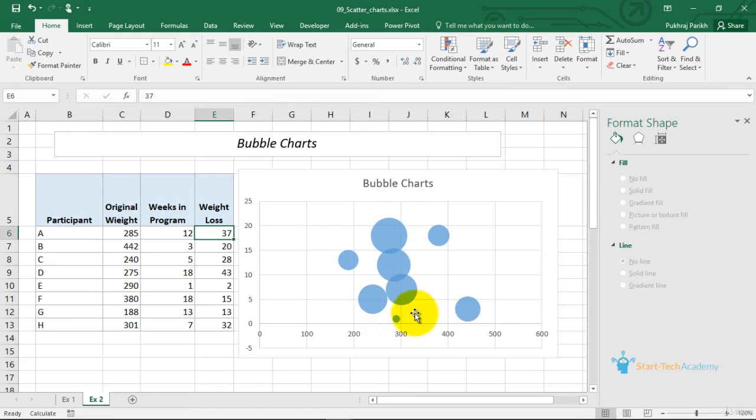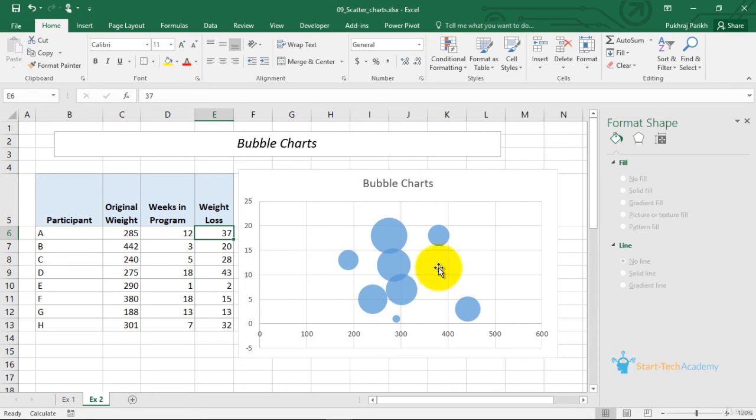So I'll use a bubble chart which will have on the x-axis the original weight of each individual participant. On the y-axis it will have the number of weeks the participant was in the program, and the radius of the bubble will be this third variable.